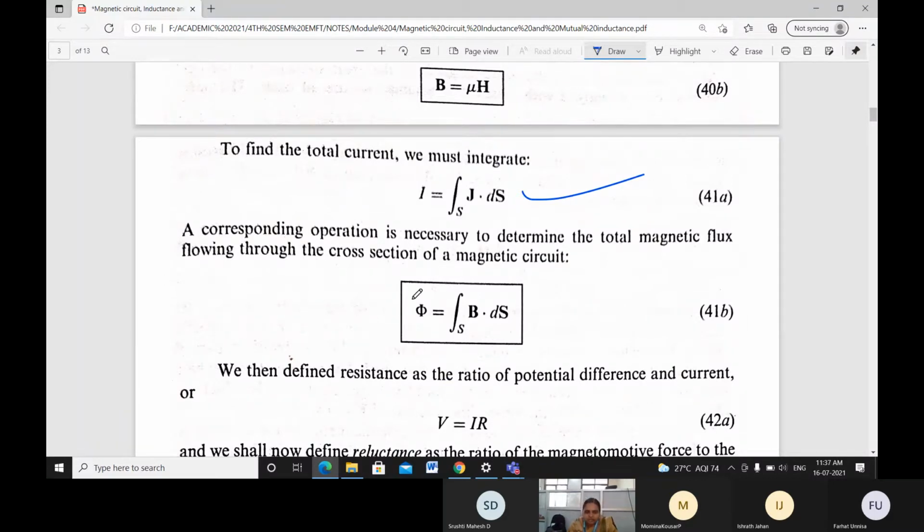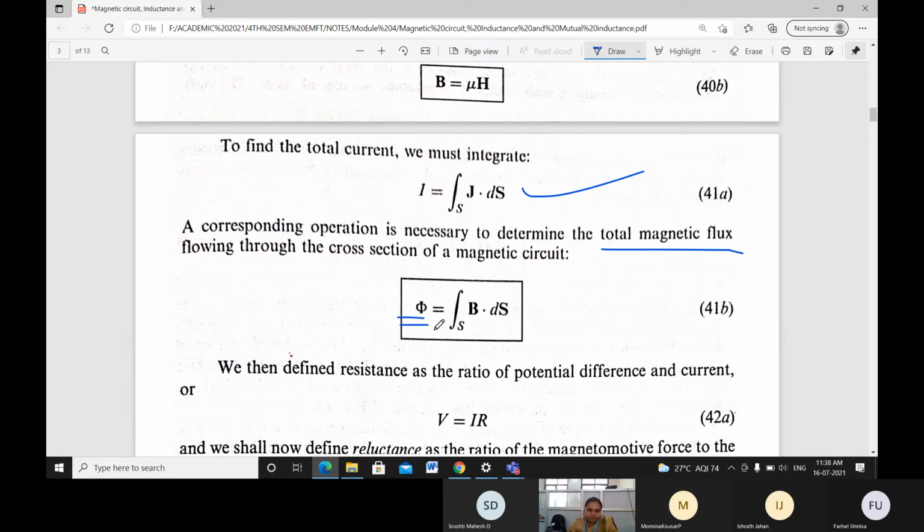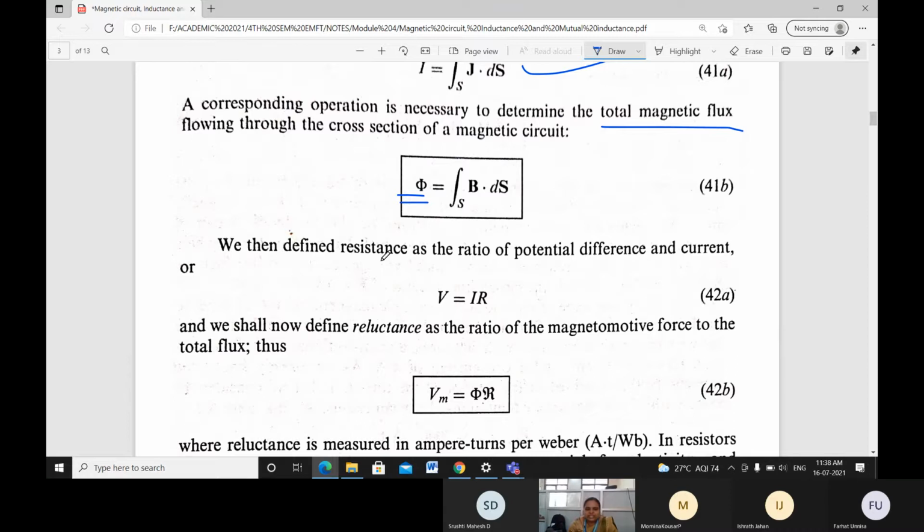Therefore, phi, the total magnetic flux, equals the surface integral of B dot dS. Observe here, magnetic flux is represented by phi. Then when we define a resistance, it is the ratio of the potential difference and the current.